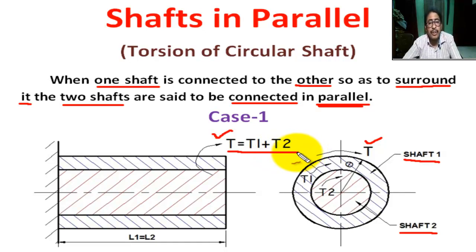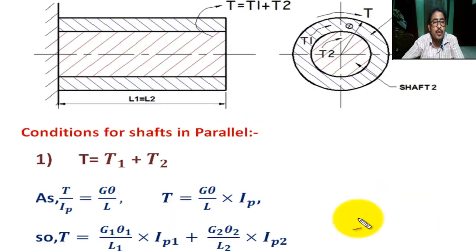Now, the torque transmitted by shaft 1 and shaft 2 is different. The angle of twist theta is the same for shaft 1 and shaft 2. That means angle of twist theta equal to theta 1 and theta 2.